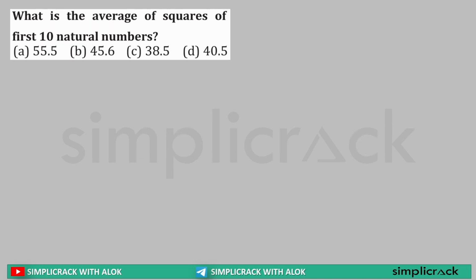Now, sir, what is the average of squares of the first n natural numbers? Now, remember this again. Whatever is given, first we need to find the sum. Sir, the sum of squares of n natural numbers is n into n plus 1 into 2n plus 1 divided by 6. Yes or no? Yes, sir.